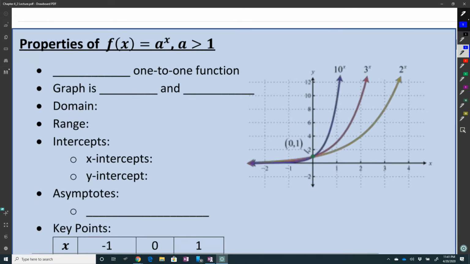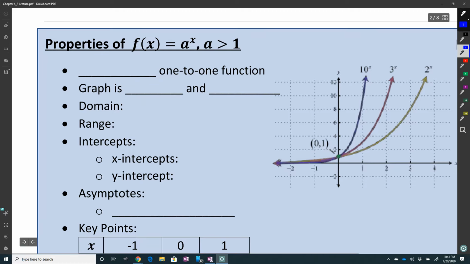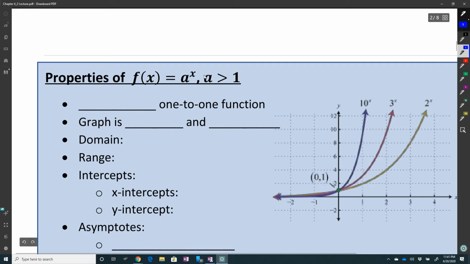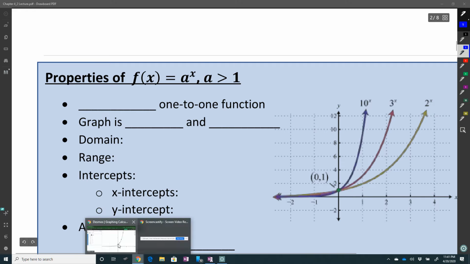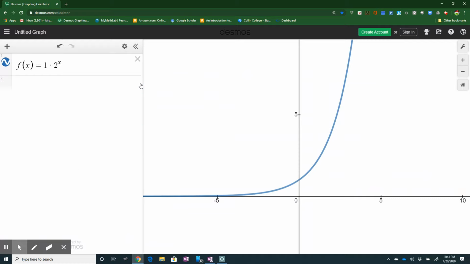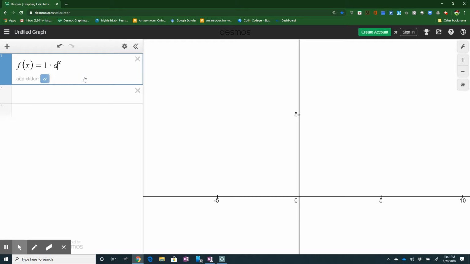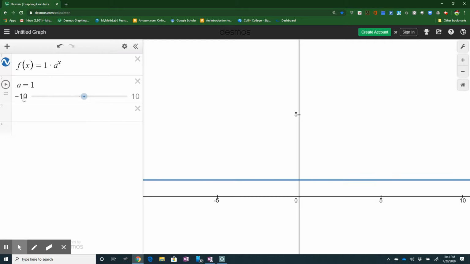All right, so properties about the graph of the exponential functions. So whenever you're dealing with an exponential, there's 2 ways the graph can look. And again, I'll go to Desmos and I'll show you. So here's one version of the graph. Let me just put A. And let me go from 0 to 2.